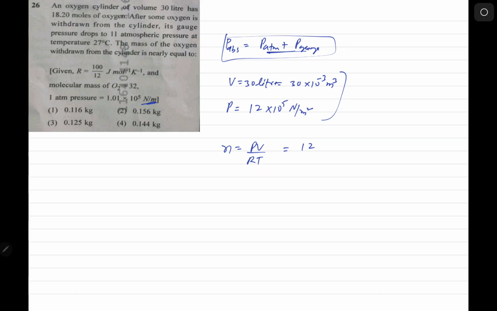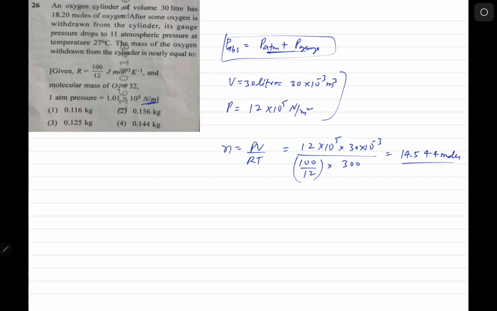P is 12 into 10 to power 5 into 30 into 10 to power minus 3, divided by R, given as 100 by 12, into temperature 300. We'll solve it and we'll get the value 14.544 moles. Okay, you can do this calculation.